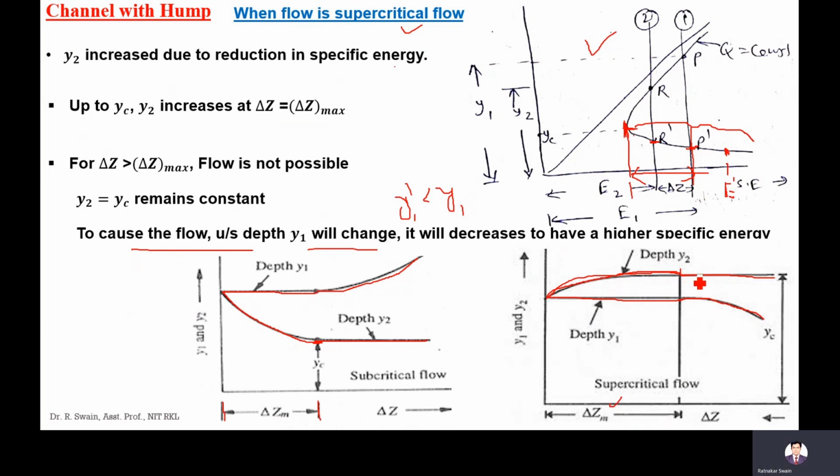After that, what will happen? You have to change the flow depth at section 1. That is E1 dash, and this will be a new Y1, that is Y1 dash. So this depth will remain constant till your delta Z is less than delta Z maximum. After that, this Y1 will decrease, and this will be Y1 dash. But the depth at section 2 will remain constant, here at Yc.